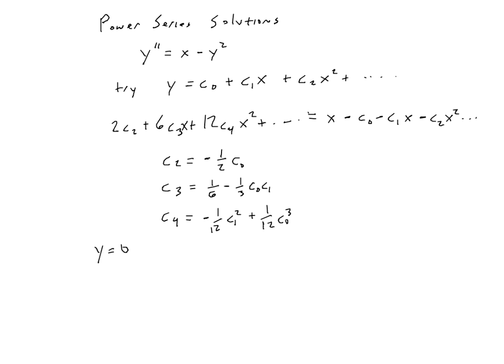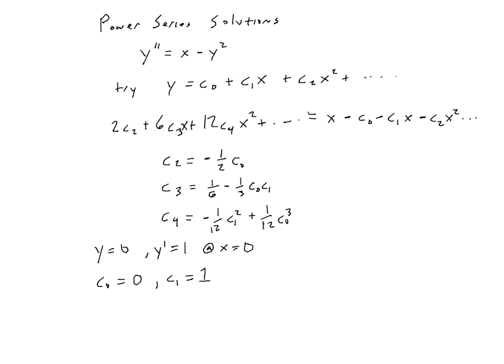So for example, we want y to be equal to 0 at x equals 0, and we want y prime to be equal to 1. So this is at x equals 0. So if that's the case, then C0 must be equal to 0, and C1 must be equal to 1.